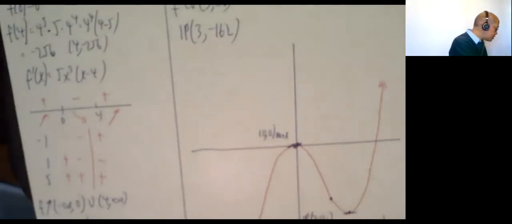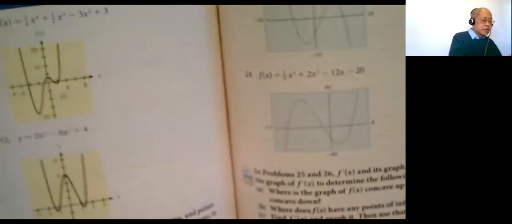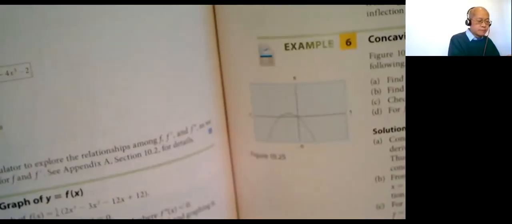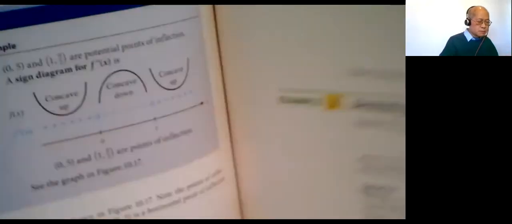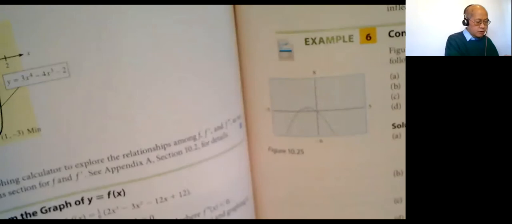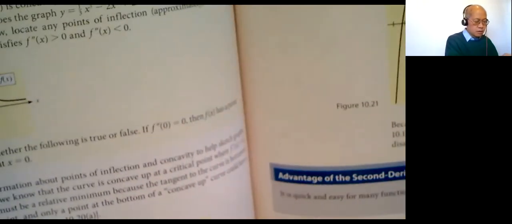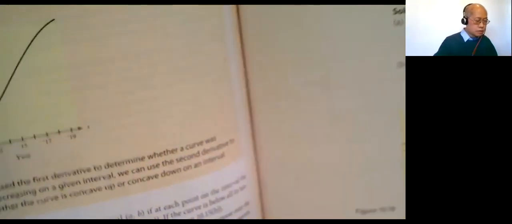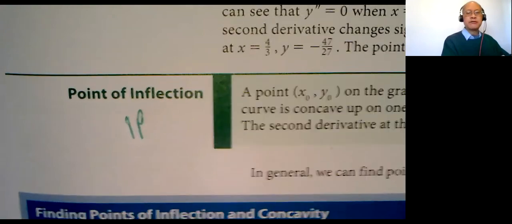Okay. So to emphasize that again, let me show you what it says in the text about inflection point. Okay, so on my page 645, point of inflection or inflection point.